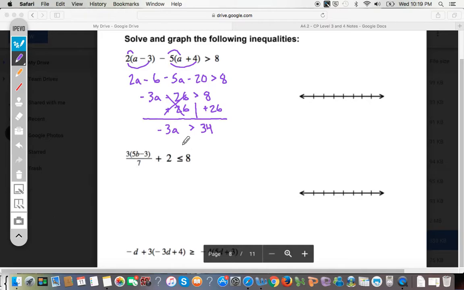So to get the a by itself, this is what I'm talking about. We have our variable, we have an inequality, and it's being multiplied by a negative 3. So our coefficient is negative 3. So in order to get rid of the negative 3, we have to divide.